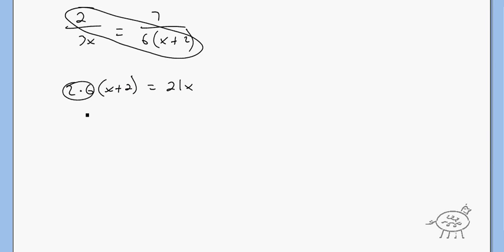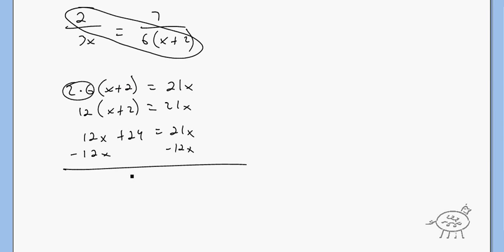I'm going to multiply that together, 12 parentheses x plus 2 equals 21x, and then distribute. So 12x plus 24 equals 21x. I subtract 12x from both sides, and I get 9x equals 24. Divided by 9, you can simplify that. 3 goes into 24 8 times, 3 goes into 9 3 times. So x equals 8/3.